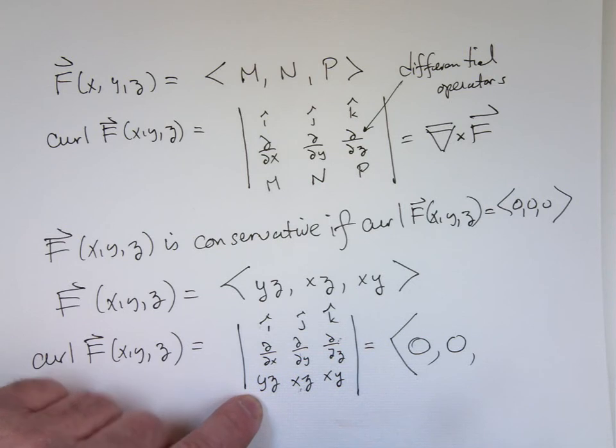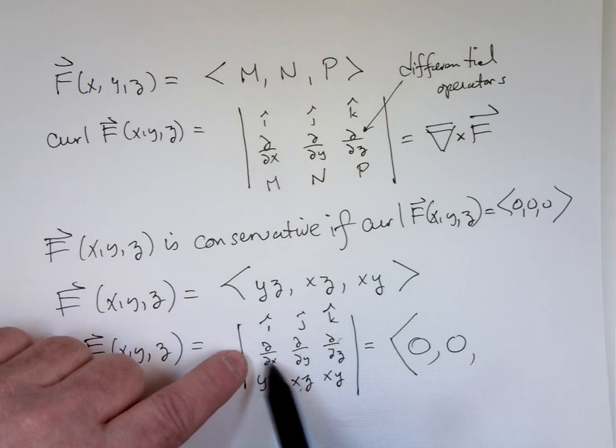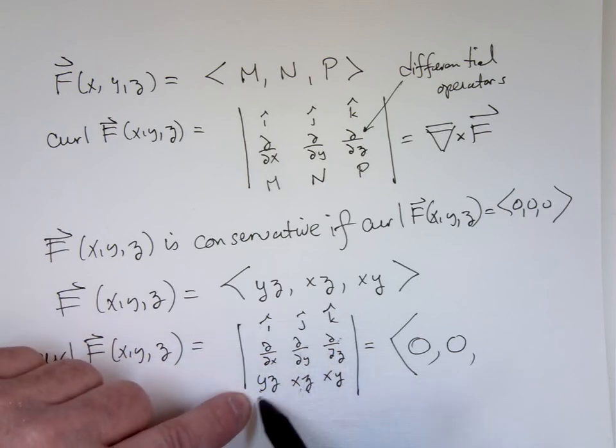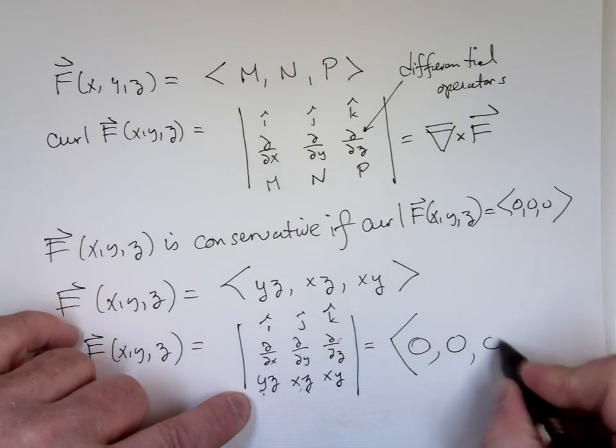Cross this out, cross this out. Partial of xz with respect to x, z. Partial of yz with respect to y, z. z minus z is 0. This is a conservative vector field.